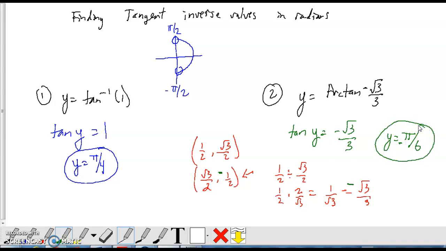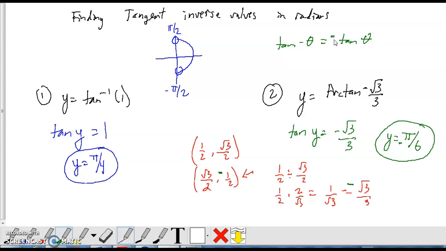So again, if you want to keep using some of our strategies from our previous chapters where we are using the negative angle identities, if we know that the negative angle of something, that's the same thing as saying the tangent and the negative number, right? So we can still use that idea.